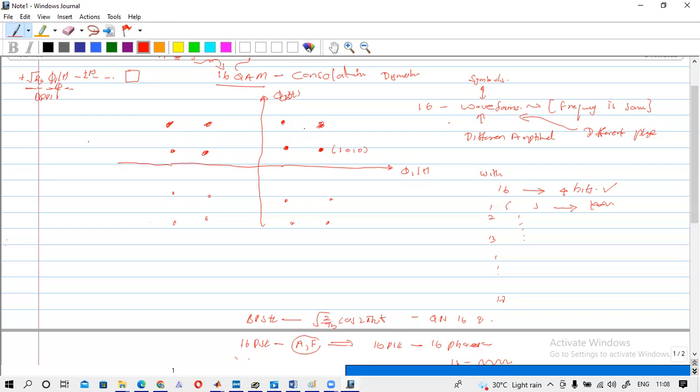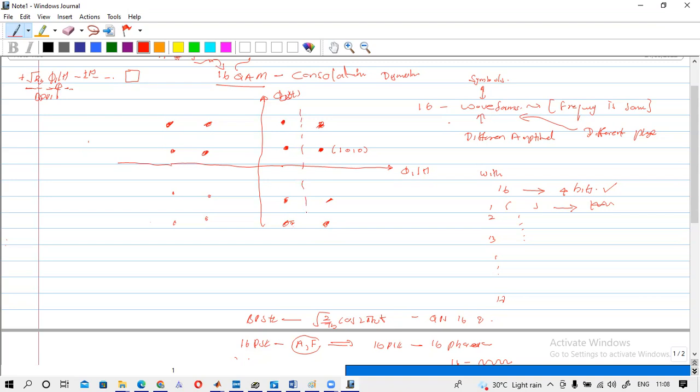The requirement is, for two adjacent symbols, you have to get the middle point. For example, if you consider this one and this one, what is the middle point? You can see all these eight symbols are there, so the middle point will be this.